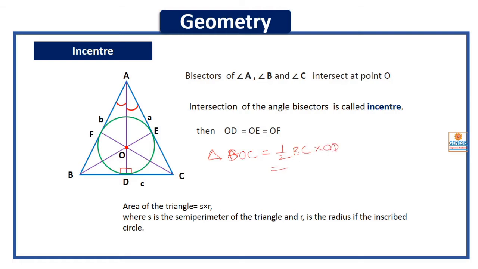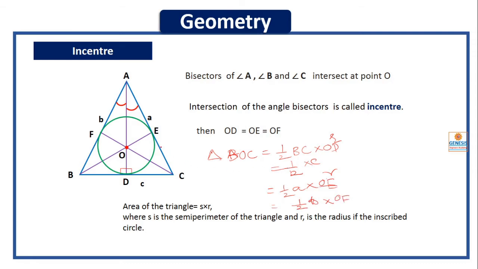OD is R. So this is half of the side opposite B, into R. Next, triangle AOC is half AC into OE, that is R. The third one is half AB into OF.